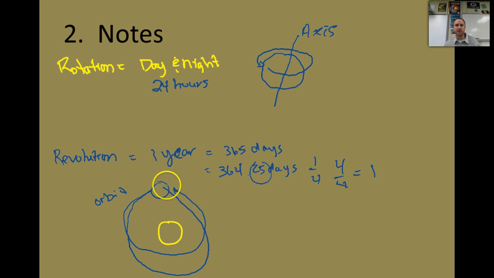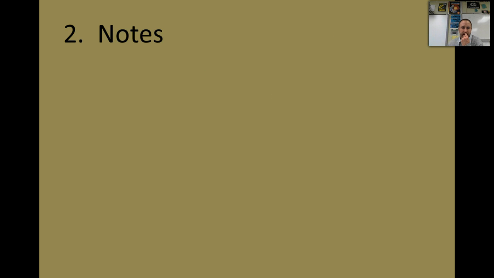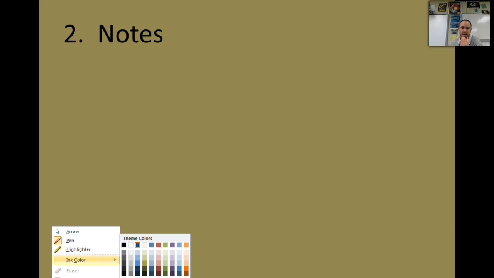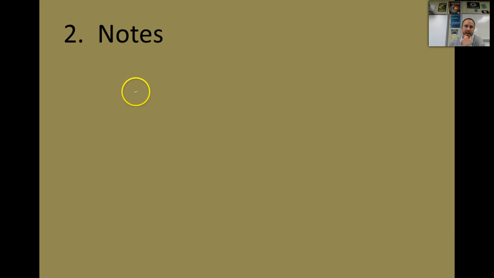And so rotation and revolution, that's how we basically look at the Earth. And to also tie in what we had done in our class, let's talk a little bit about the fact that we have our seasons. Our seasons are caused by, let's take our sun and draw it right here, give it some rays of sunlight. So this is the sun.